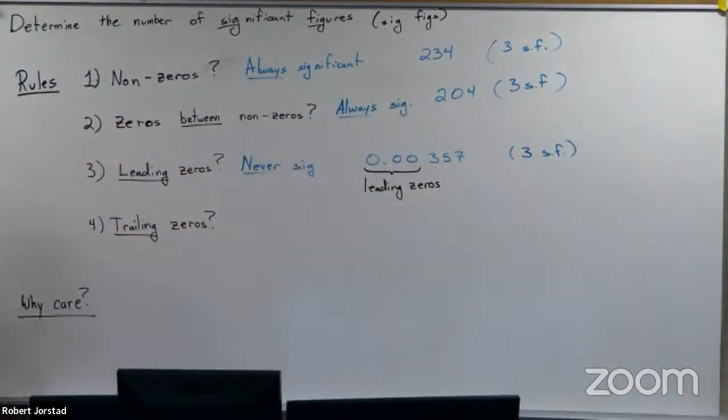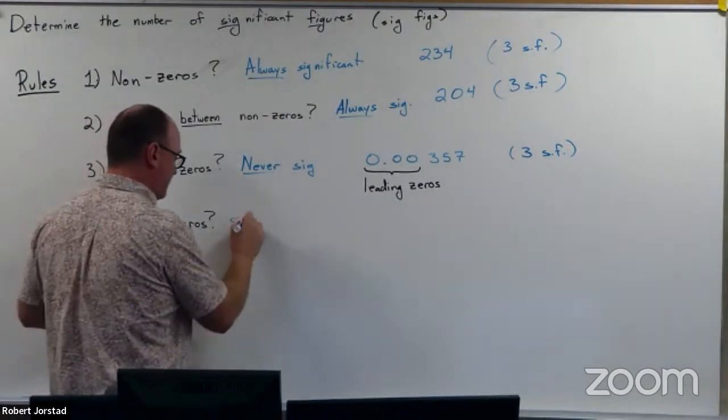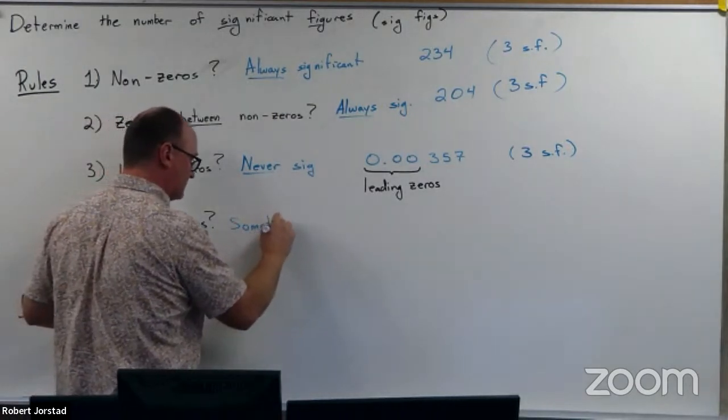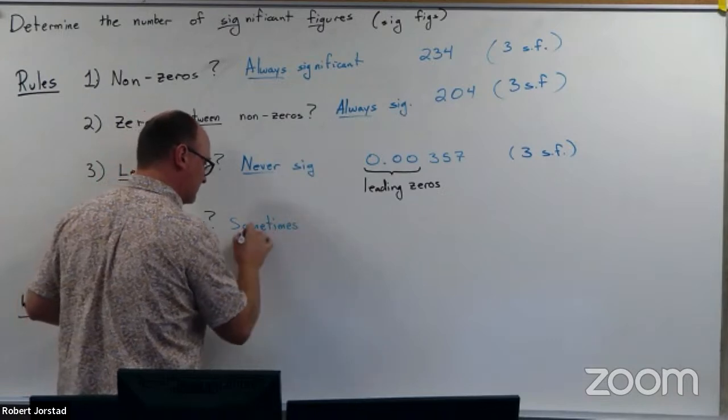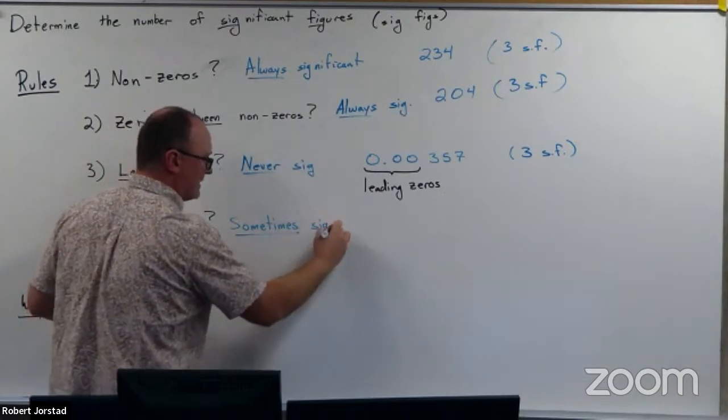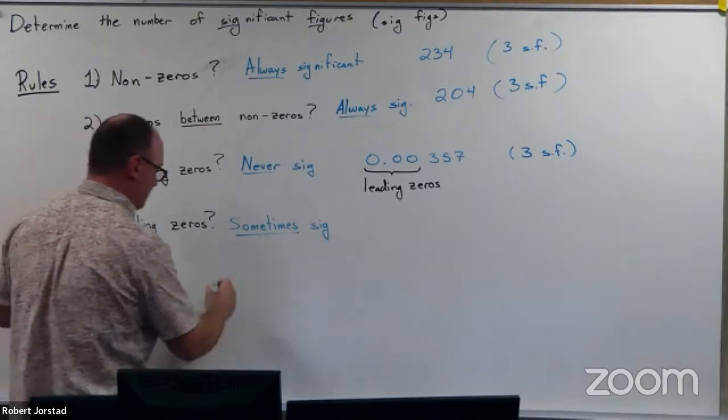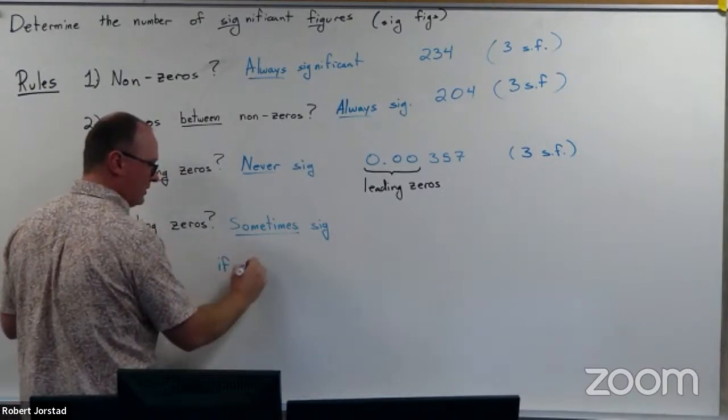All right. Trailing zeros. This is the hard one. You have to think. They are sometimes significant. Here is the rule that you have to learn.